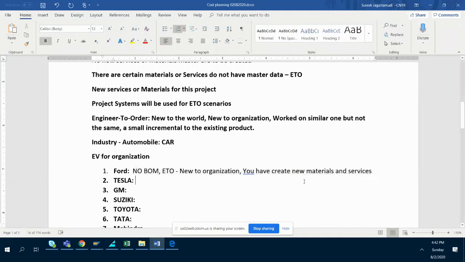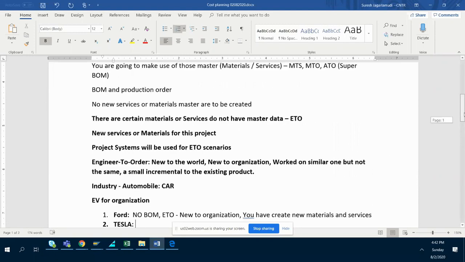So Tesla, you are implementing an ERP now. Tell me, Tesla, you are a consultant now. Tell me what you are going to do. Electric vehicle now, what are you going to do? Tesla, do they have EV vehicles already, isn't it? They are already in place.